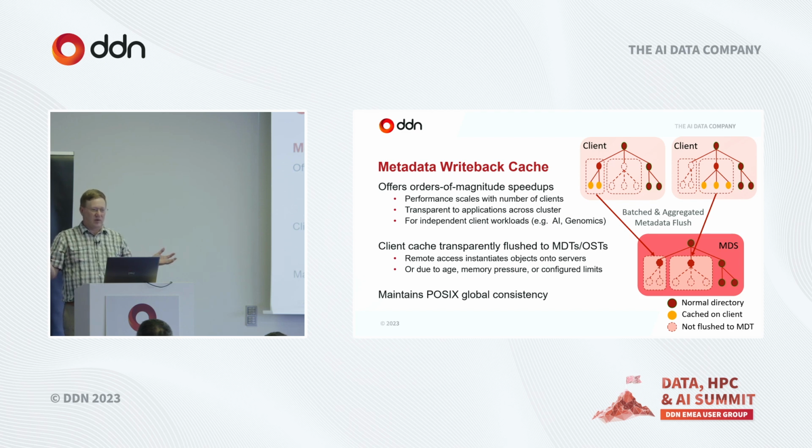You compute on those things, comparing the sequences against each other, and then you're done. And so, in fact, for workloads like that, metadata write-back cache can actually improve performance significantly. And the nice thing about it is that this happens transparently to your application, and so you'll get a speedup if your workload does that, and it won't hurt your performance if you don't.